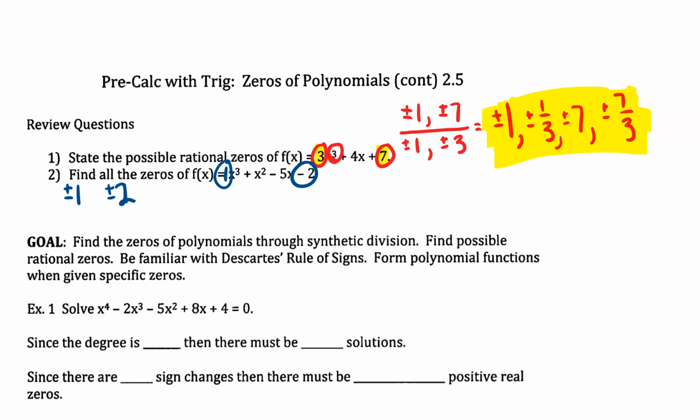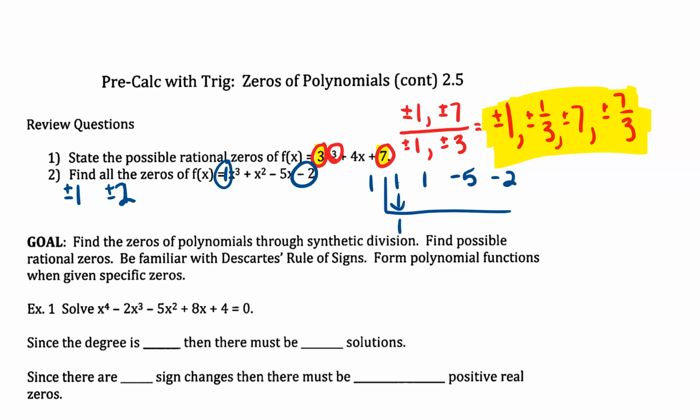So I'm going to do synthetic substitution. 1, 1, -5, -2. And then I'm going to guess that maybe 1 is a solution. I always start with 1 because it's the easiest.